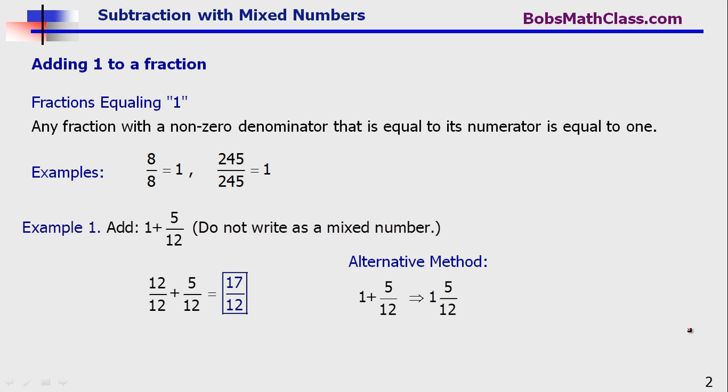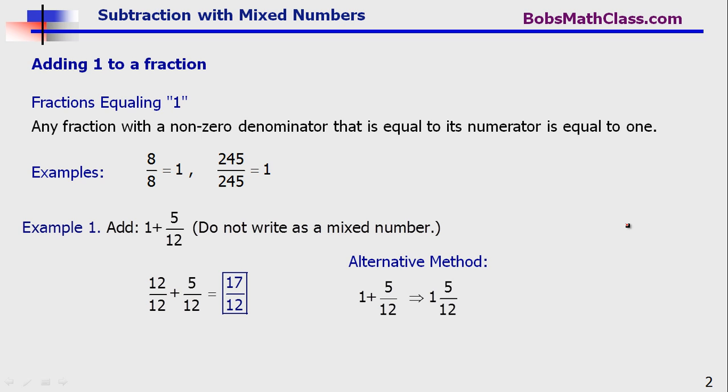When you have a whole number and a fraction right next to each other, as long as you don't see a dot in between to show multiplication, it means it's a mixed number. So if you saw a dot in between, then that would mean 1 times 5/12. But if there's no symbol in between, it means 1 and 5/12, the mixed number.